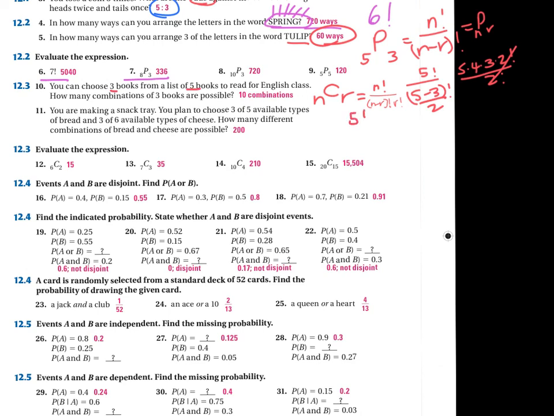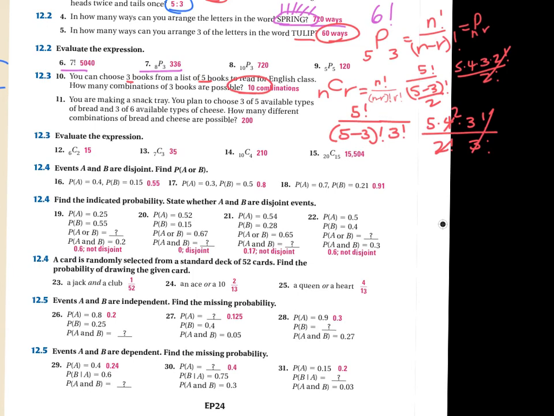So 5 factorial over 5 minus 3 factorial like we just did, but this time you also add on the 3 factorial. So you'd get 5 times 4 times 3 factorial, and then 2 factorial, 3 factorial. These cancel. This is 2 times 1, 2 goes into 4, 2 times, and 5 times 2 is 10.